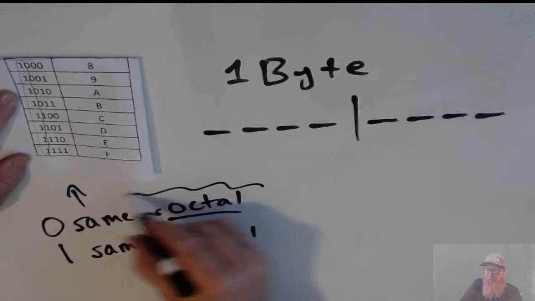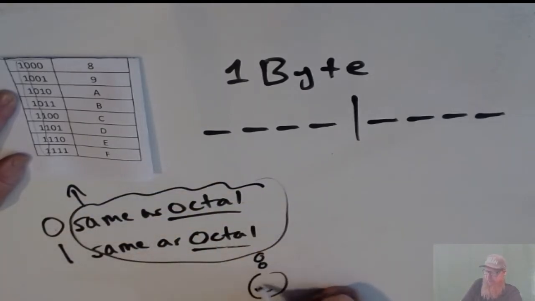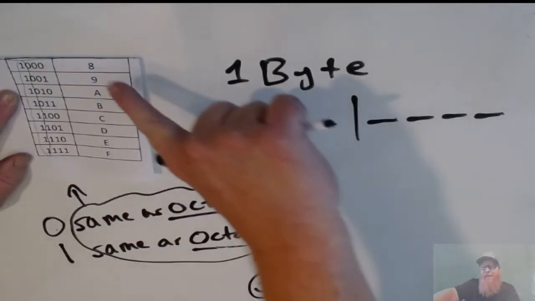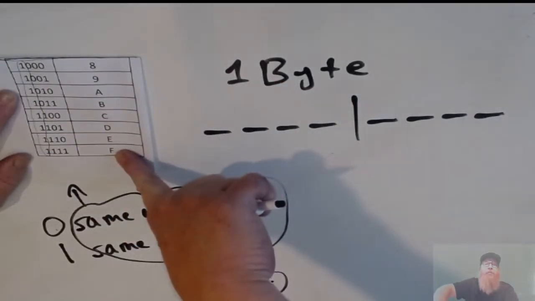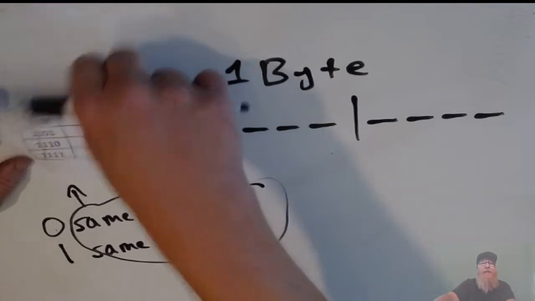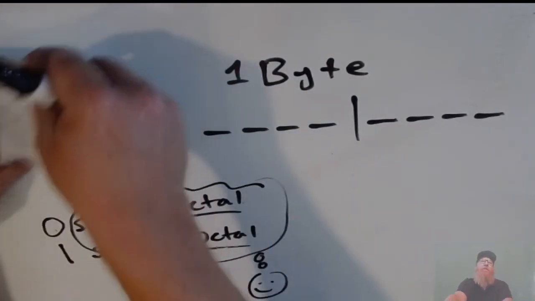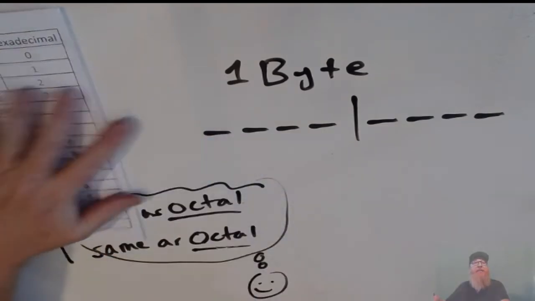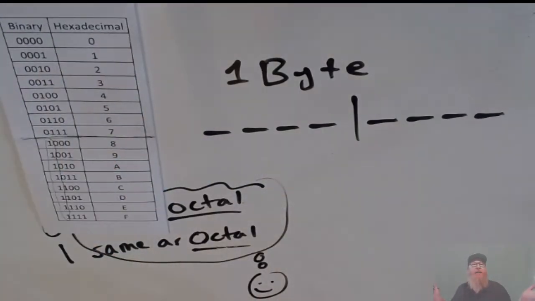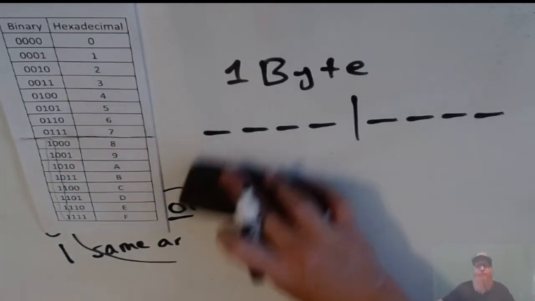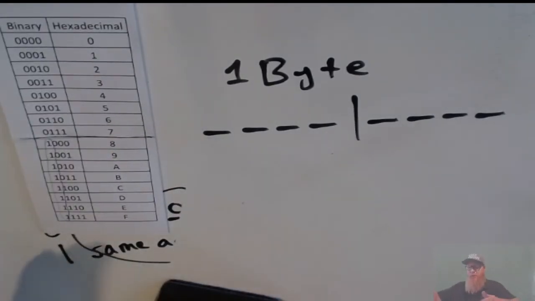So if you've already memorized the octal, all you do is add a 0 or a 1 in front of it, and that will get you all the way to F, which is all you really need to know, from 0 to F. Again, you can just have the entire sheet out in front of you when you do your examples or your homework, and use this as a reference. Okay. Let's try an example.